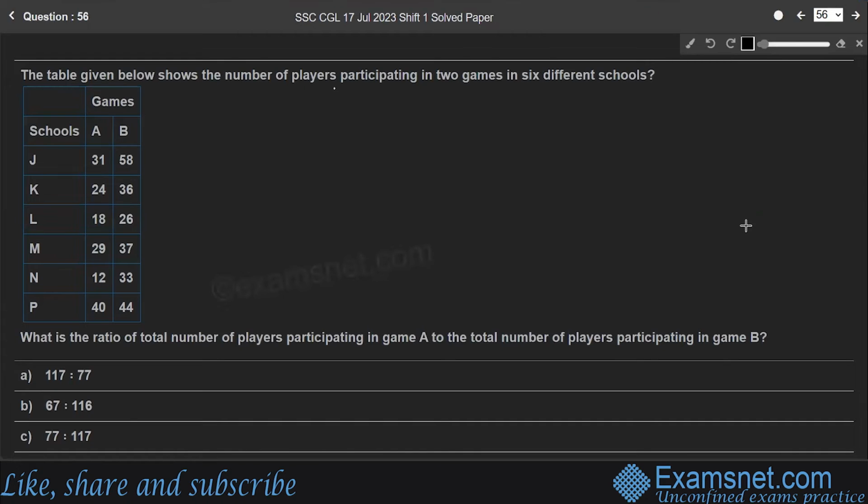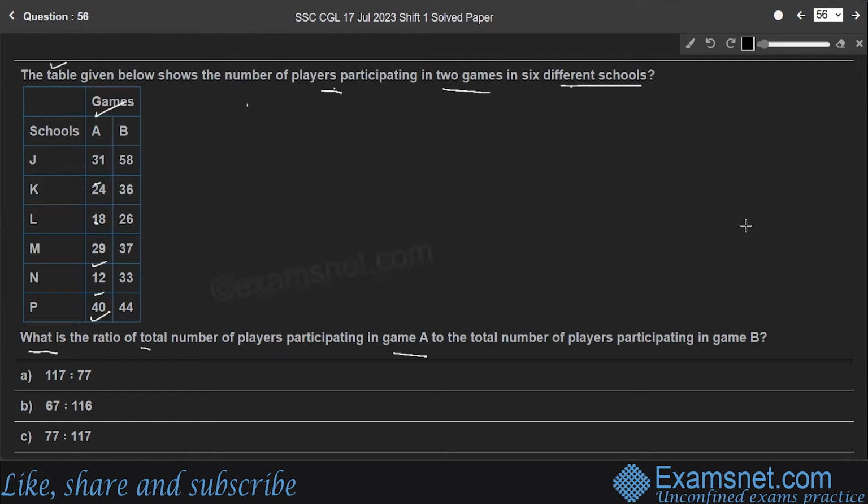Question 56. The table given below shows the number of players participating in 2 games in 6 different schools. Question is, what is the ratio of total number of players participating in game A to the total number of players participating in game B? So in game A, we have 31 plus 24 plus 18 plus 29 plus 12 plus 40 players from 6 different schools.